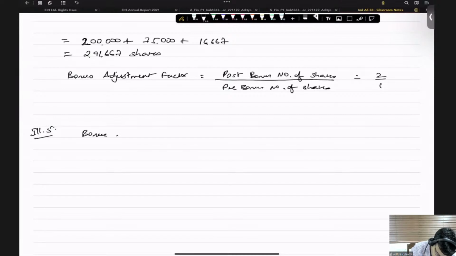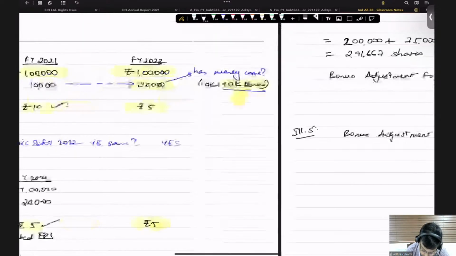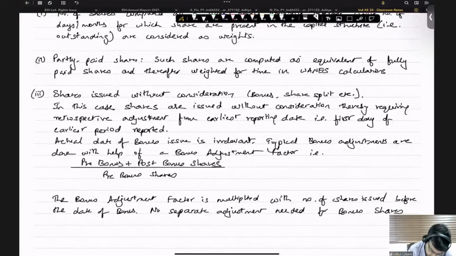Okay. So now in this case, illustration 5. Bonus adjustment factor is equal to pre-bonus. Oh God, what have I done? Okay, this one you mean to say. Okay.